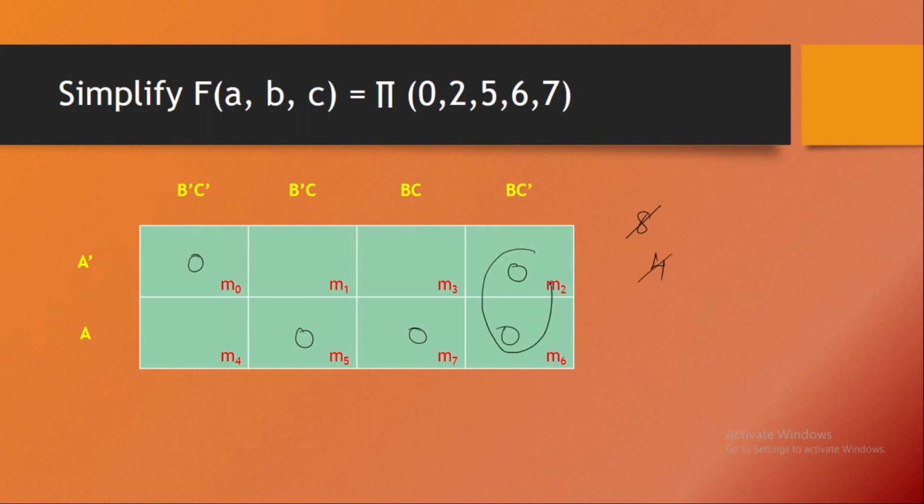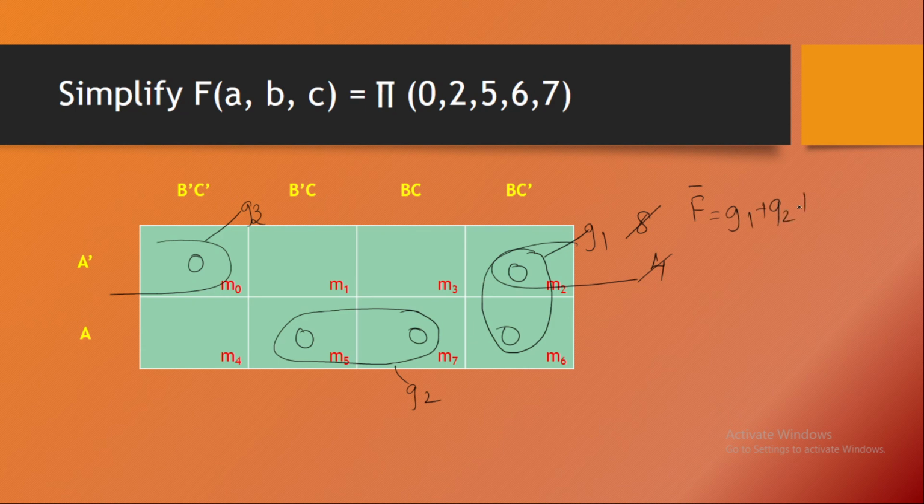Let me take these two first, and call this G1. Then let me take these 2 cells, and call this G2. And finally I have 1 cell here and 1 cell here that can be grouped. So that is G3. So the function F dash is given by G1 plus G2 plus G3.